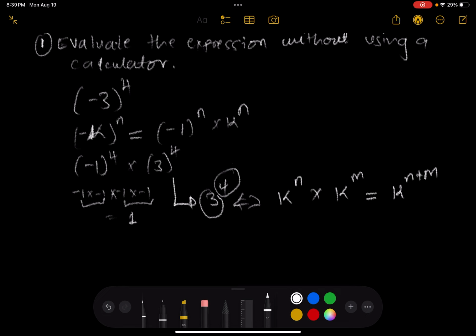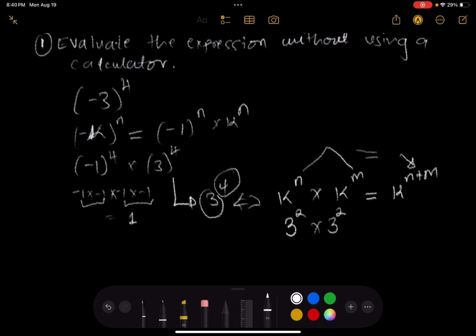Where the base is 3, the power is 4. So I would say, which number similar to 3 with a power, and another 3 with a power, will give me the same thing? This will be, for instance, 3 to the power of 2 times 3 to the power of 2, because 2 and 2 actually give me 4, since these two powers should equal n plus m.